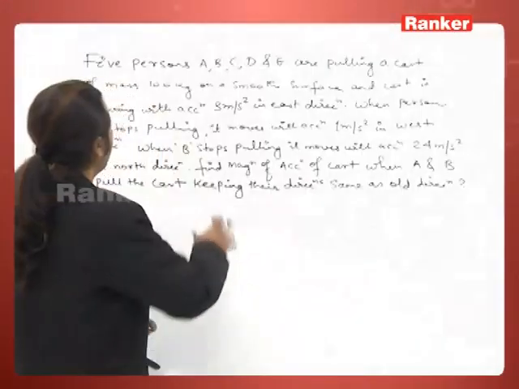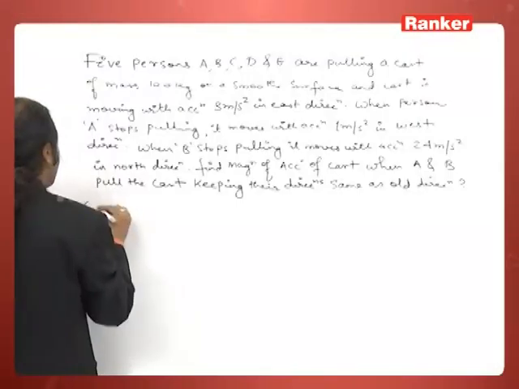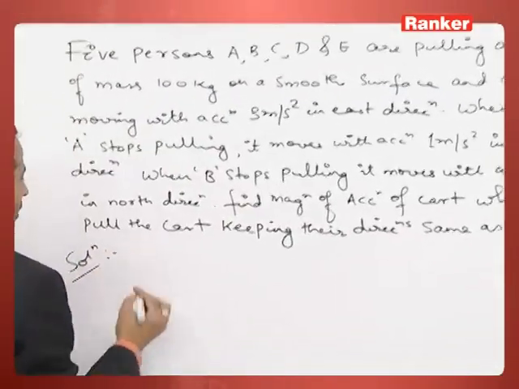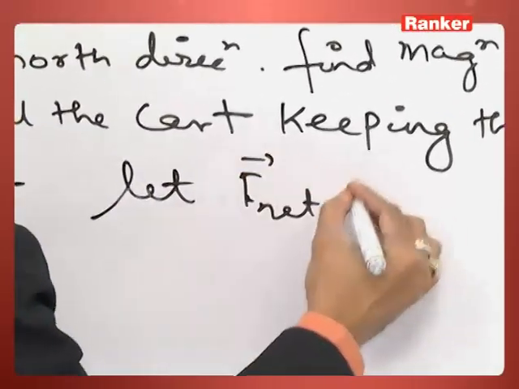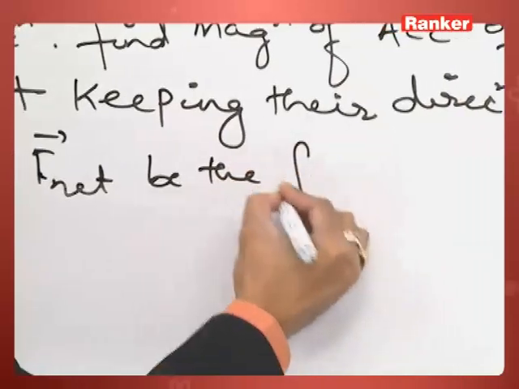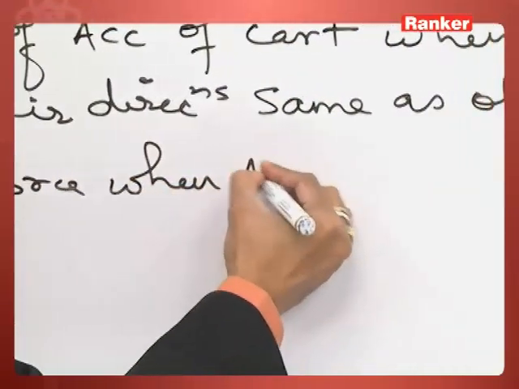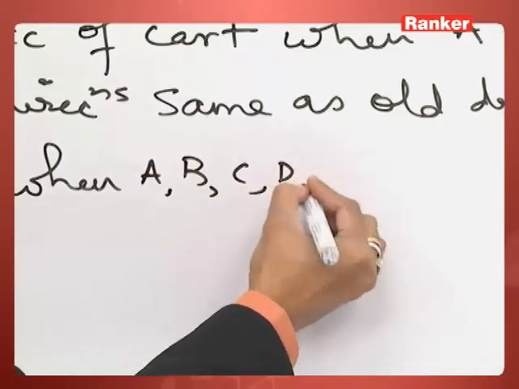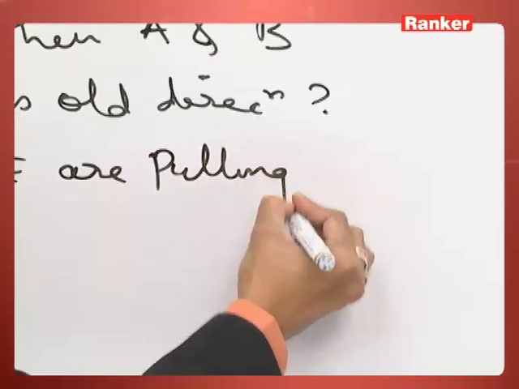Now initially when these 5 persons are pulling, let us say F net be the force when A, B, C, D, E are pulling the cart.